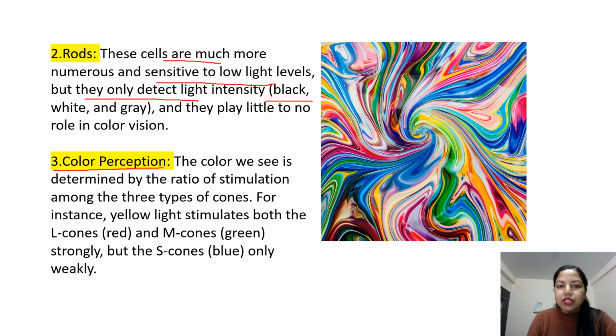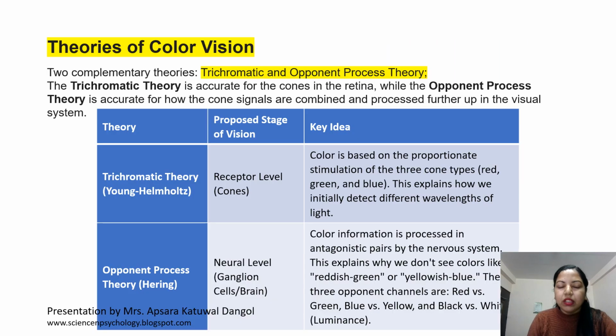The color we see is determined by the ratio of stimulation among the three types of cones. For instance, yellow light stimulates L cones and M cones, the green, strongly, but S cones, the blue, only weakly.